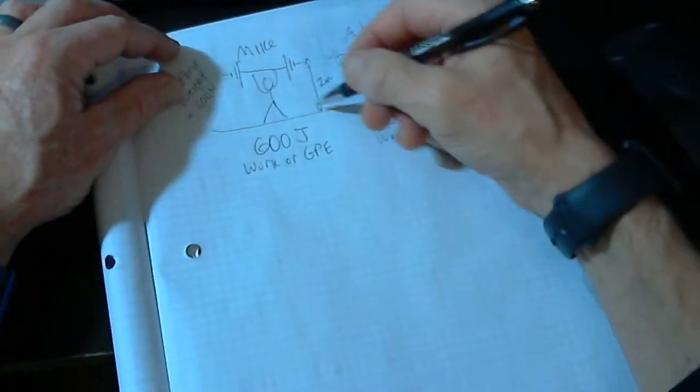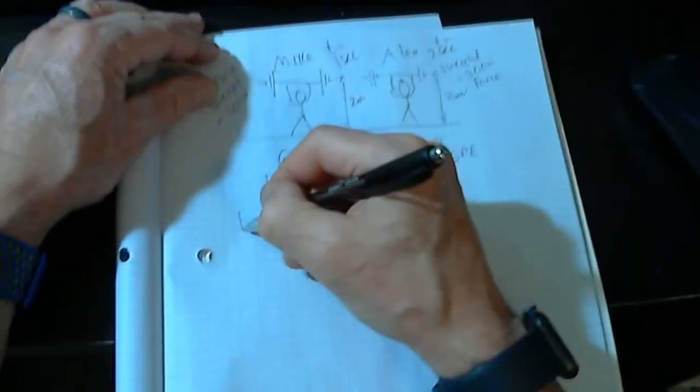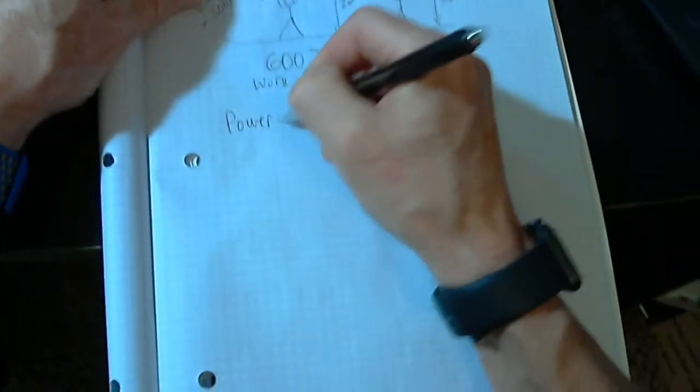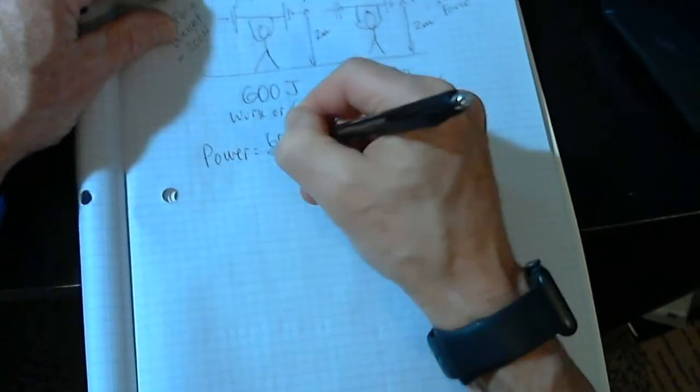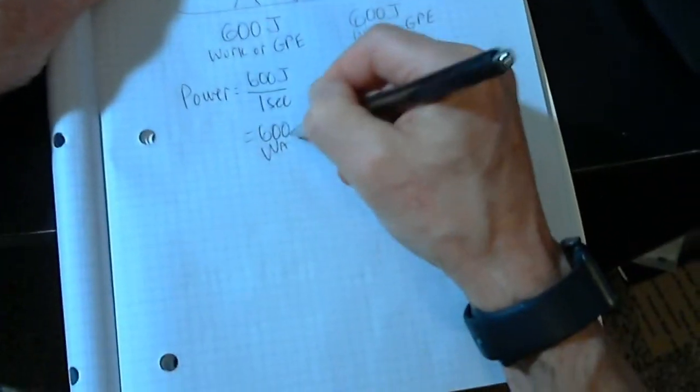Maybe my brother can do this in 1 second, and maybe it takes me 2 seconds. So again, that'd be time. So the power of my brother would be 600 joules over 1 second, or 600 watts.